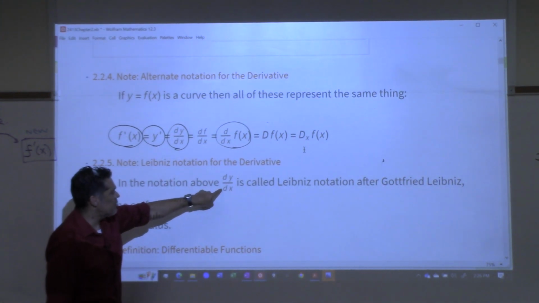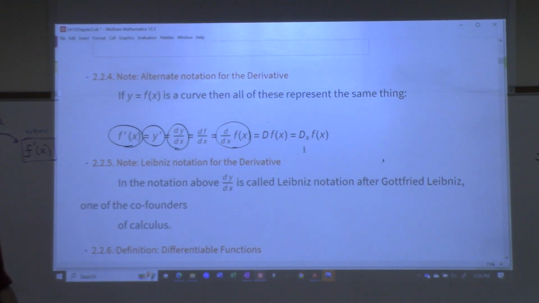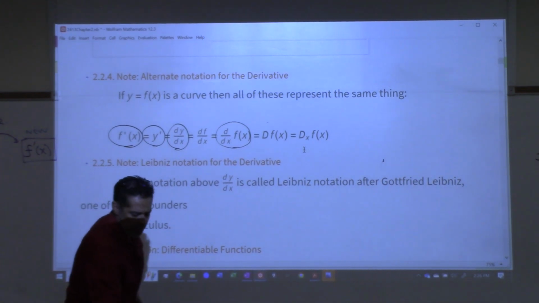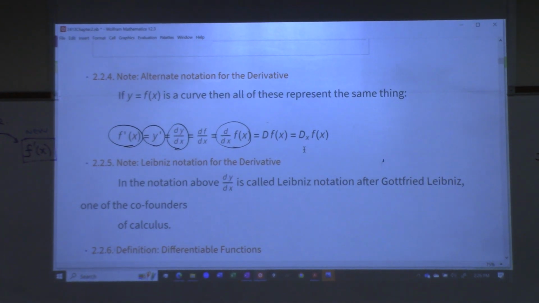This notation right here is called Leibniz notation. And sometimes Newton's notation is better. Sometimes Leibniz notation is better. There's usually an argument in the math world about who's better, Newton or Leibniz, when it comes to calculus. And it's not a very big debate because Newton had something that Leibniz didn't have.